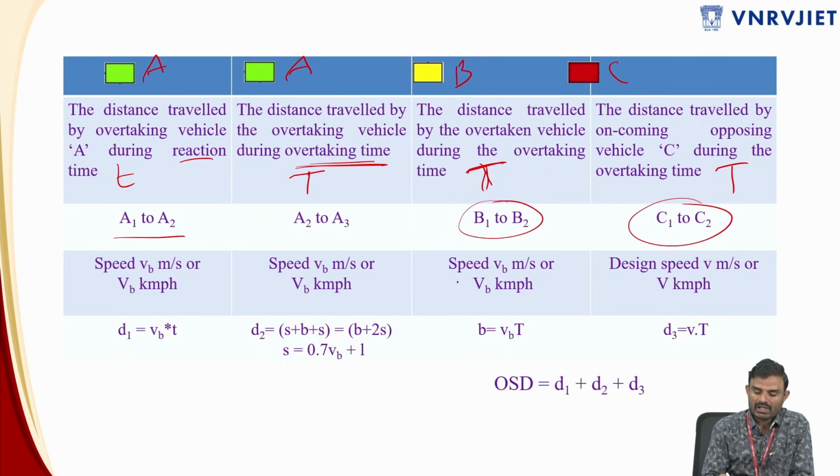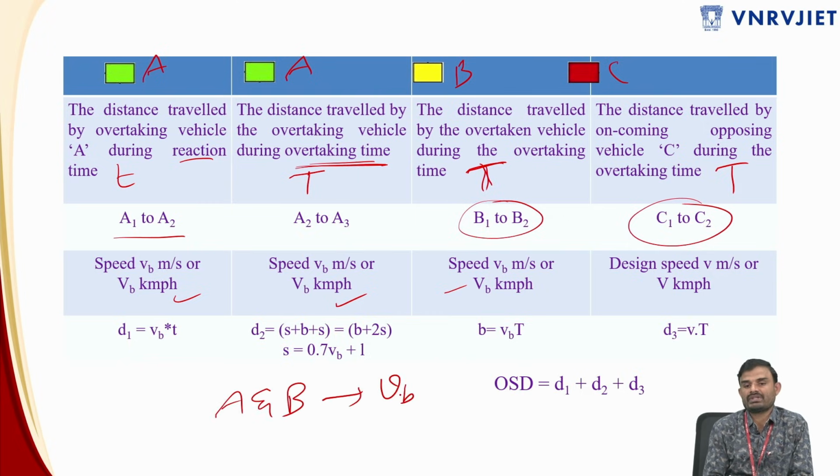Both vehicles A and B are going to travel with only the speed of vehicle B. Only vehicle C, which is coming in the opposite direction, is going to travel with small v, which is the design speed.